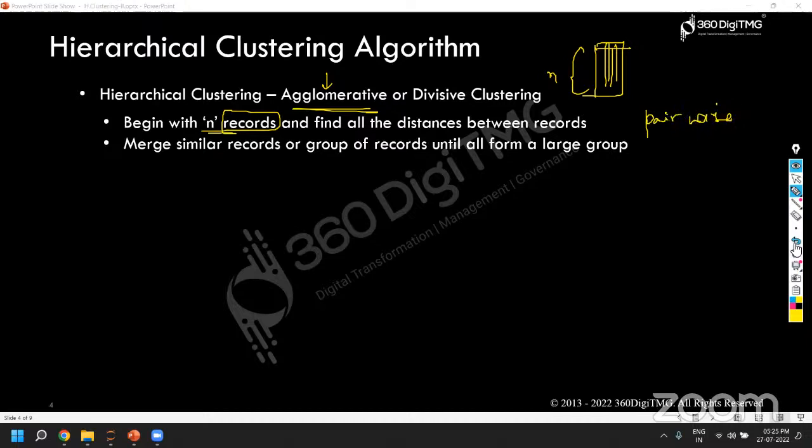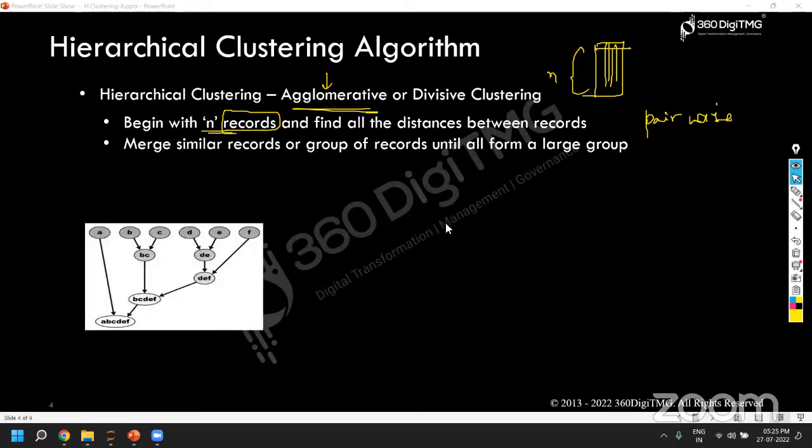Now, what does this pairwise similarity actually mean? Let us look into this example. Let's assume that these are my records. I'm calling the records A, B, C, D, E, F. Assume 6 records are there. I'm plotting these records here. So to start with, we have 6 clusters.